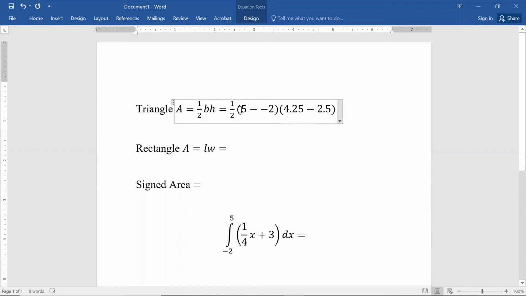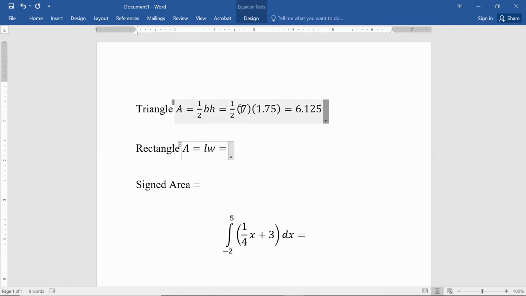So the base had a length of 7, and the height of that triangle was 1.75. When I calculate that, 1/2 times 7 times 1.75 comes out to 6.125.